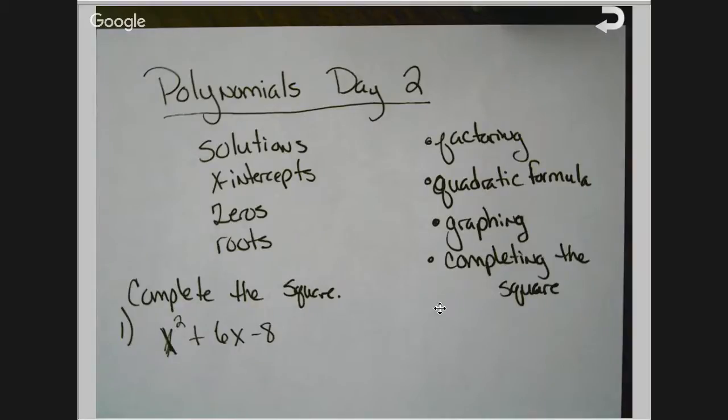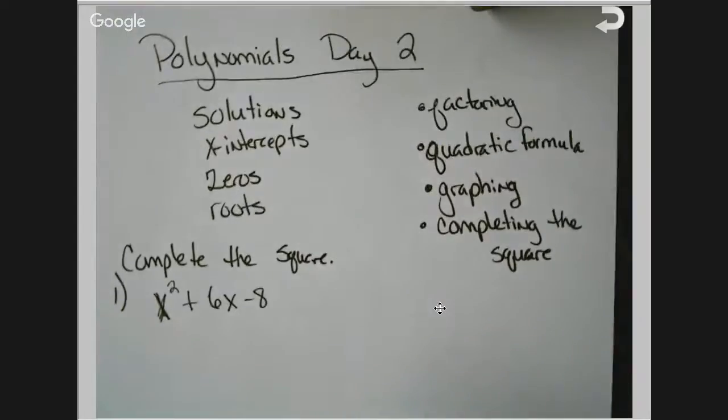The only thing they could possibly do where you'd have to know the process is they may give you somebody's work for completing the square and ask where the mistake is. They have done that before. That's the only way I can really see where you can't find an out on it. And then good luck, God bless, I guess, if you don't know how to do it.